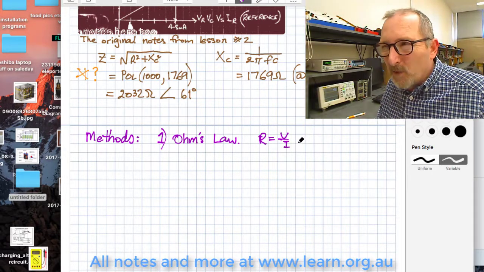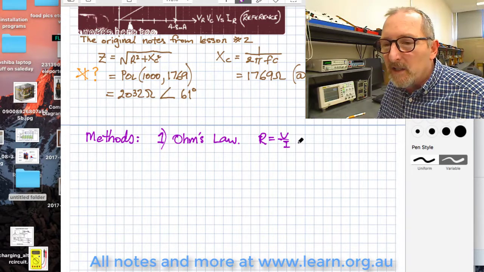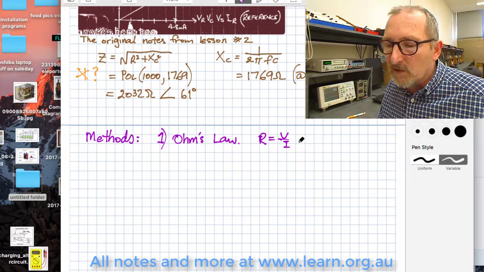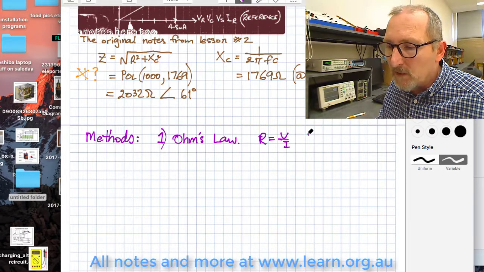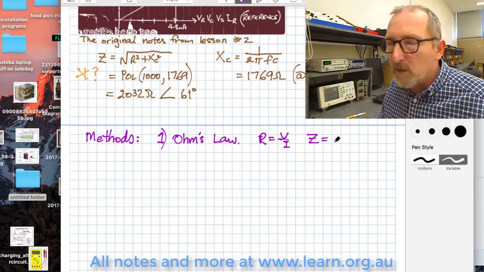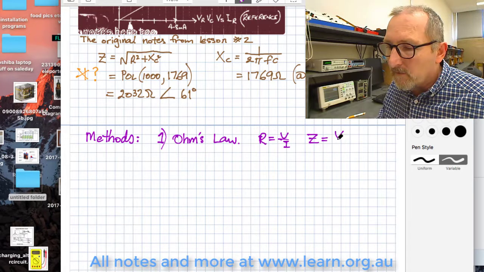So because Z is the equivalent AC resistance of the circuit, this equation now becomes Z equals, just a special type of resistance, that's all, Z equals V on I.